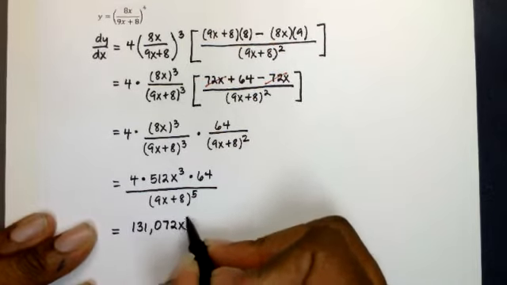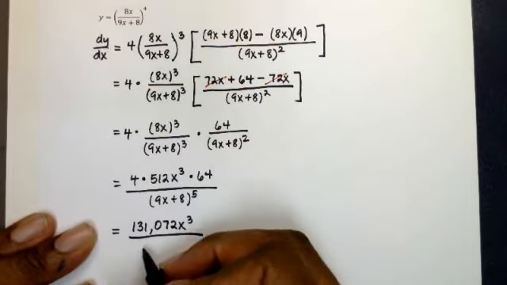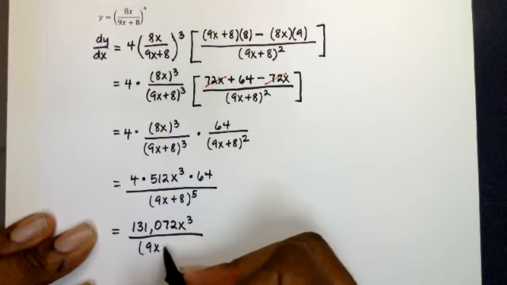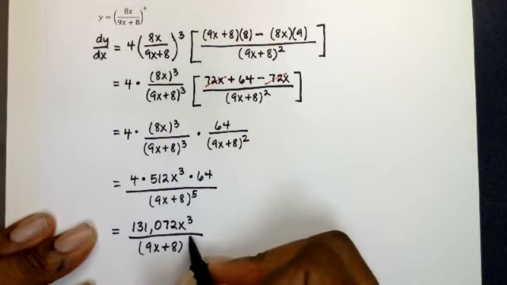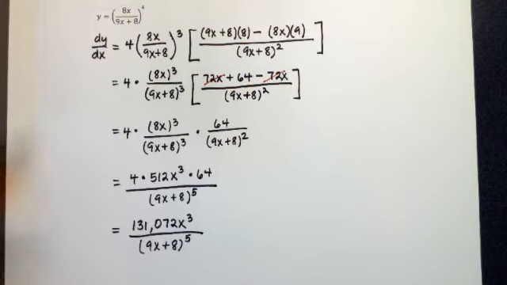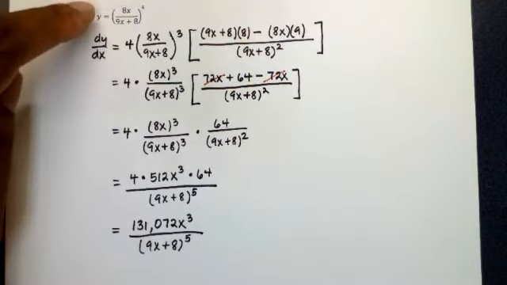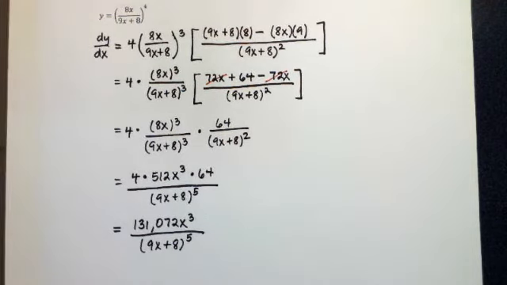Bring down the x cubed. All that will be over the quantity 9x plus 8 raised to the 5th. And that will be the derivative of this function using the chain rule.